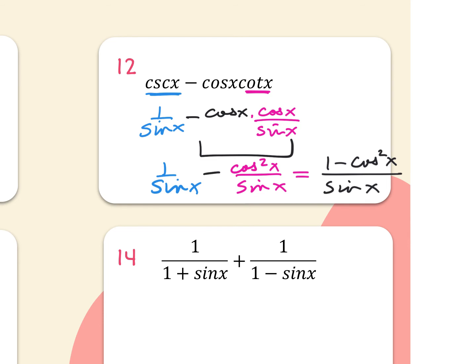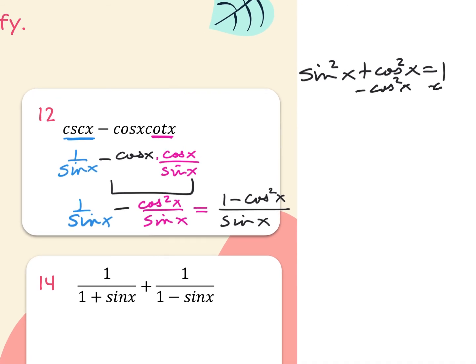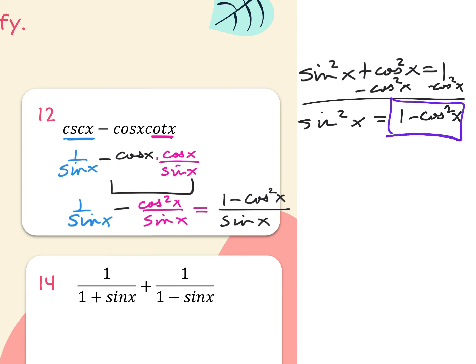Now, if you remember this Pythagorean identity, sine squared x plus cosine squared x equals 1, if I rearrange it and solve it for sine by subtracting cosine squared x, sine squared x is equal to 1 minus cosine squared x, and that's what I'm going to substitute into my equation.